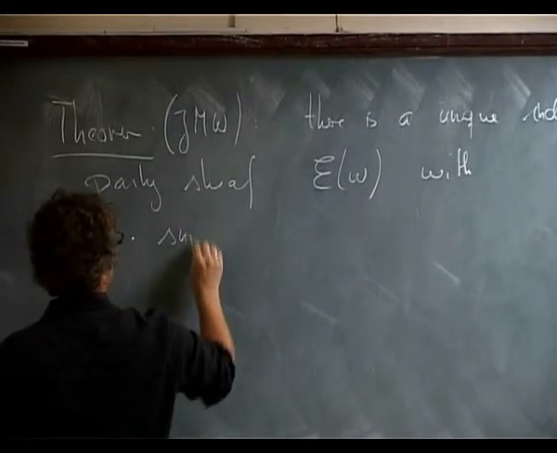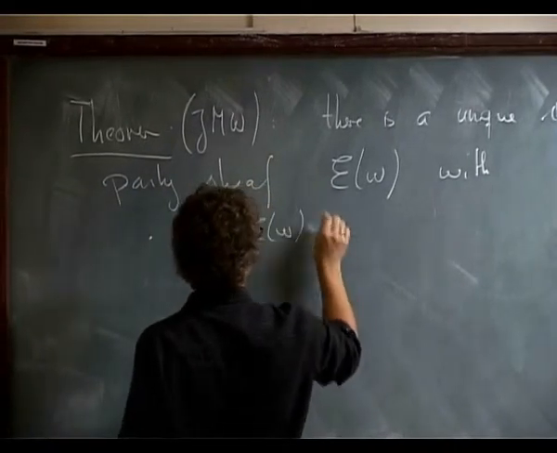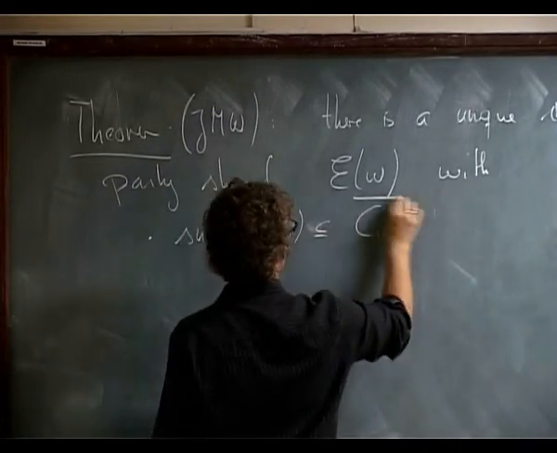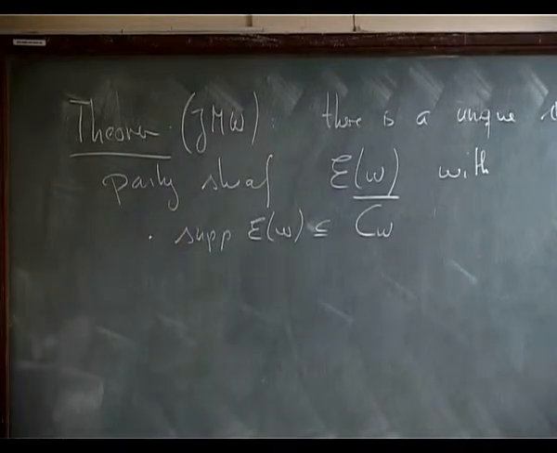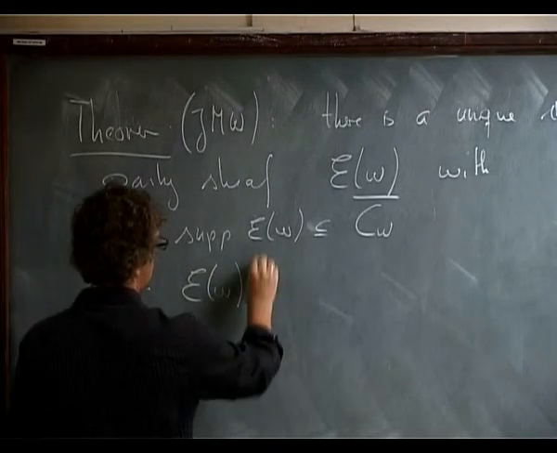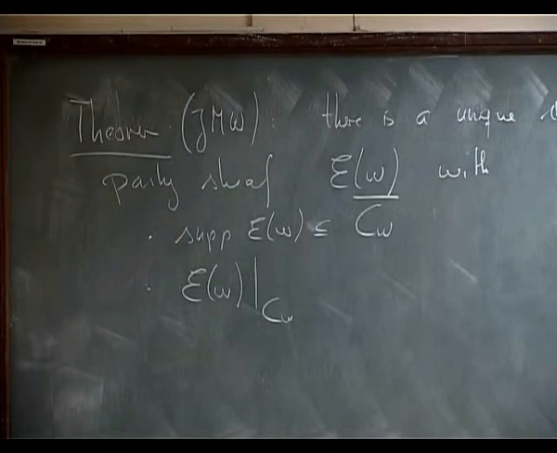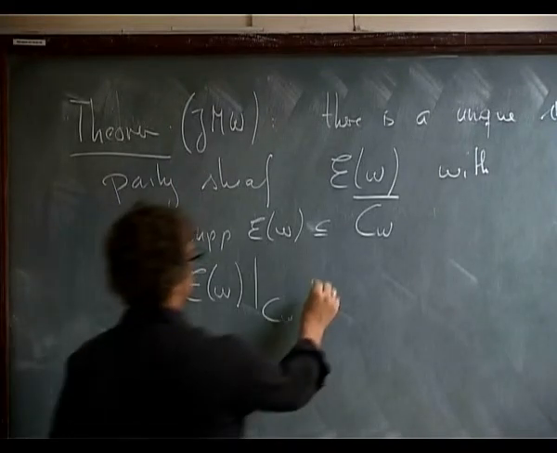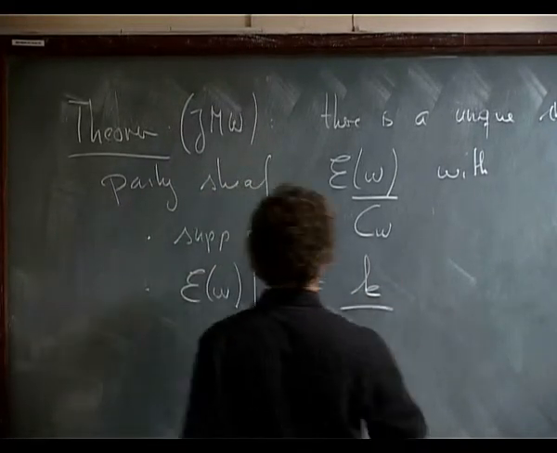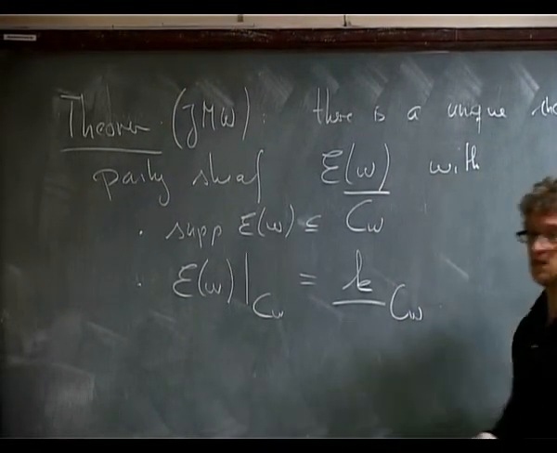The support of E_W is contained in the closure of the corresponding stratum, and if you restrict it to the biggest stratum, the open stratum in this variety, then this is just K, the constant sheaf in degree 0.